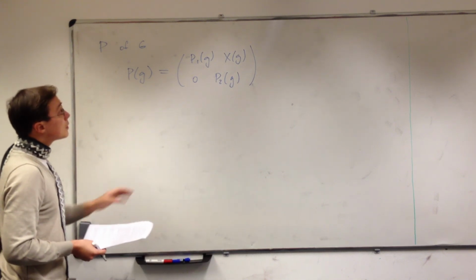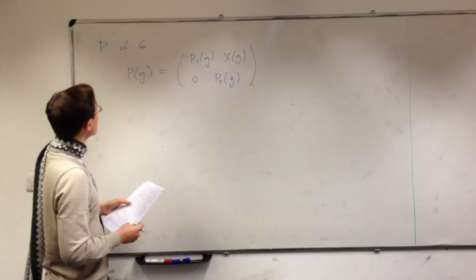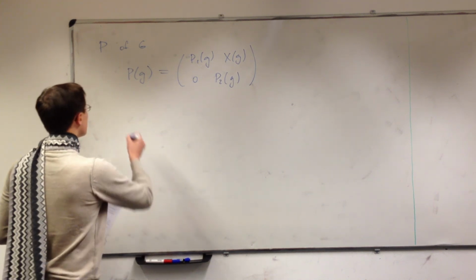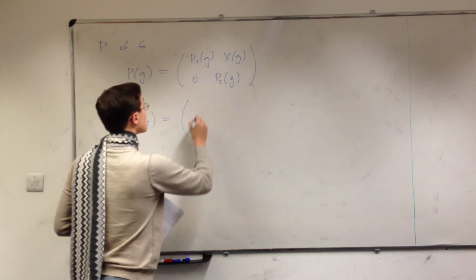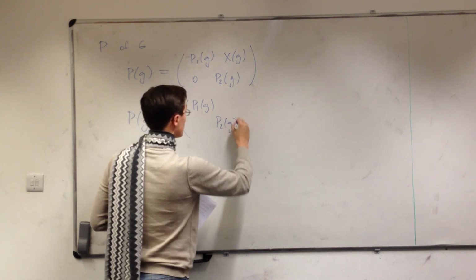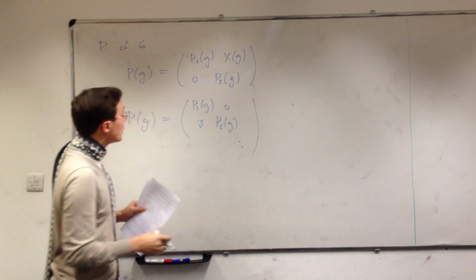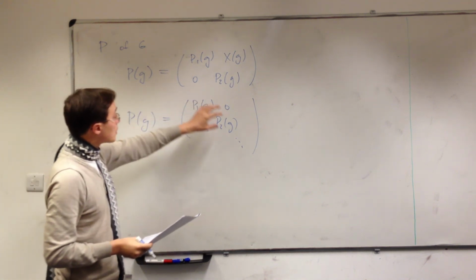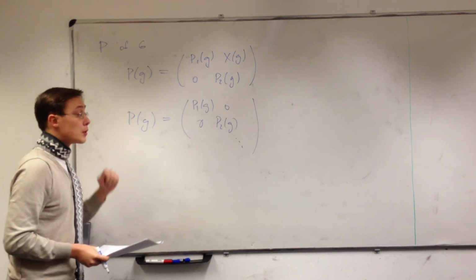Now, if X were to be a 0 block, this would of course be particularly simple, and if this is possible, the representation is called fully reducible. So if we can get it into this form, P1 of G, P2 of G, and so on, and we've got zeros on the off diagonal, so we just have individual blocks here, then the representation is said to be fully reducible.